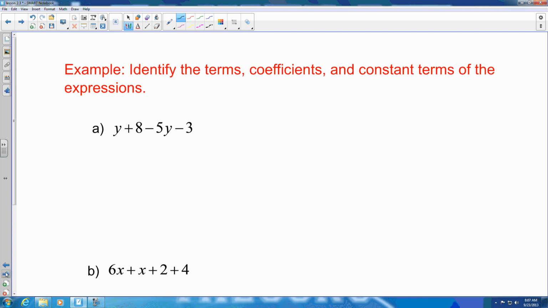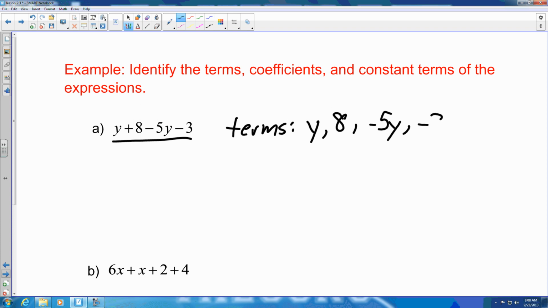So, for these examples, they want us to identify the terms, the coefficients, and constant terms of each expression. So, looking at this example, the terms for the specific expression are y, 8, negative 5y, and negative 3.